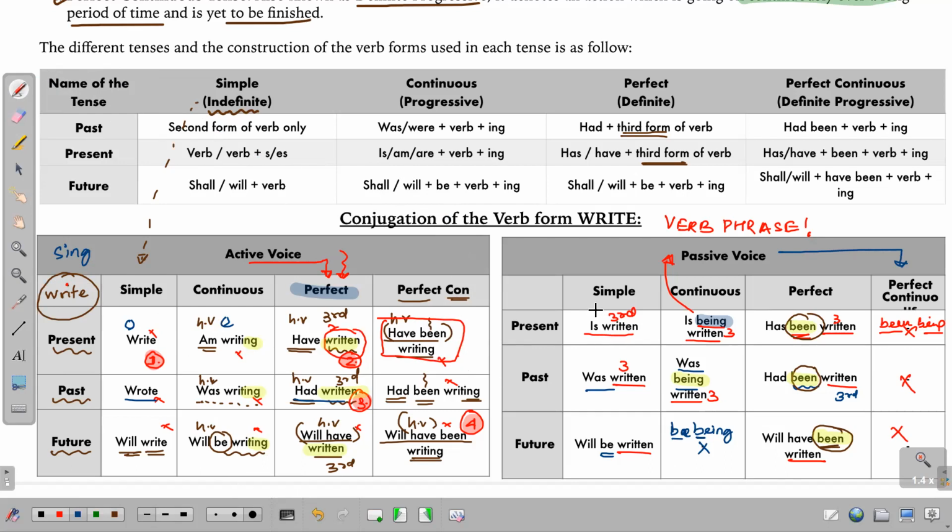Then passive, the song is sung by me. So obviously, okay, the song is being sung by me. When you have interrupted this ongoing process, the song has been sung by me. So I think that is how you can practice this. You should do it because you should know tenses clearly.